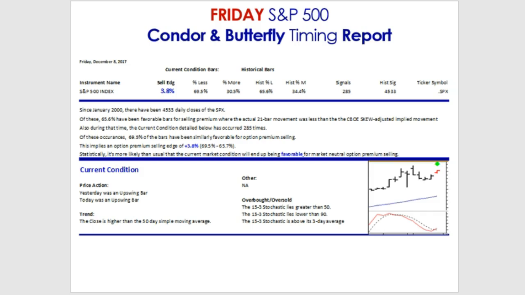So that implies a premium selling edge of roughly 3.8%. So statistically, it's more likely than usual that our current market condition will end up being a favorable one for market-neutral option premium selling strategies like condors and butterflies. Okay, I hope that information is helpful for those of you trading that way.